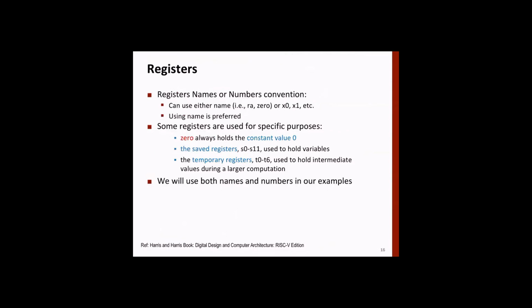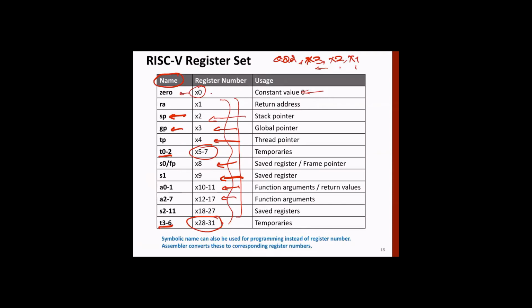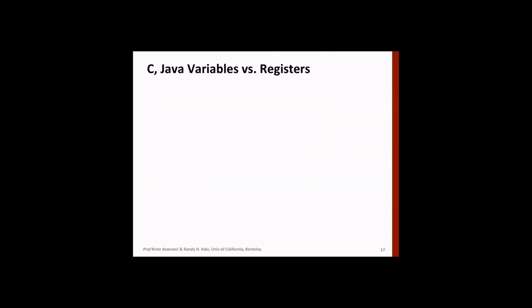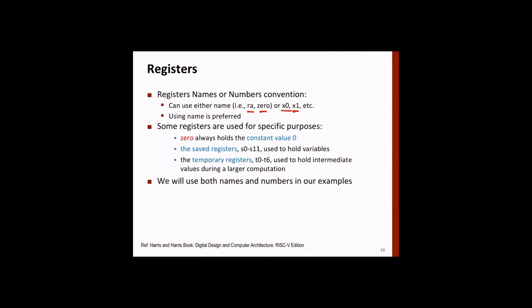So you can use either the name or the numbers, whatever you feel comfortable with. But in general, when you do assembly language programming, try to use names because it reduces errors in coding. We'll look at the use of these a little later.